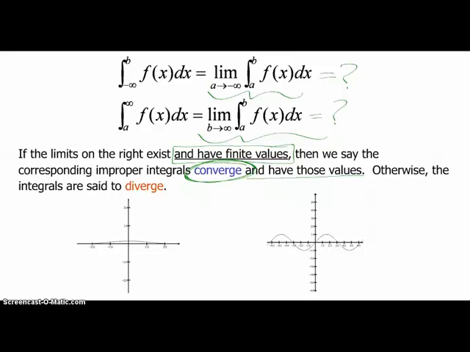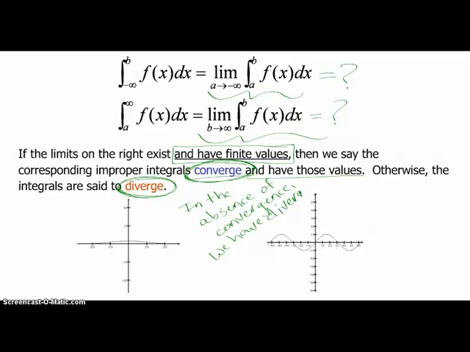Otherwise, the integrals are said to diverge. So basically what we're doing is we're going to see if we get a real number value from our work here. And if we get a real number value, then we can say that this integral converges. In the absence, and this needs to go in your notes, in the absence of convergence, we have divergence.